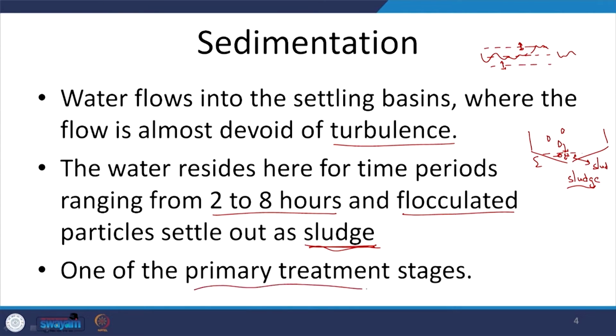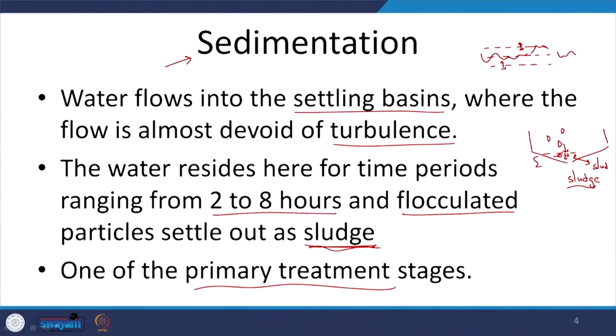One of the primary treatment stages is sedimentation. Here we are not looking at coagulation or flocculation, which you will look at as and when needed. Here we are just talking about settling basins only.